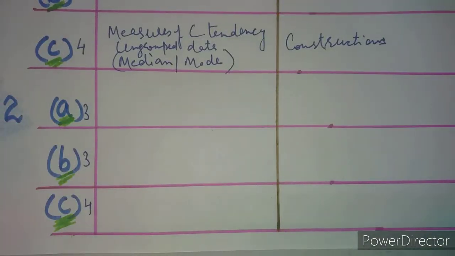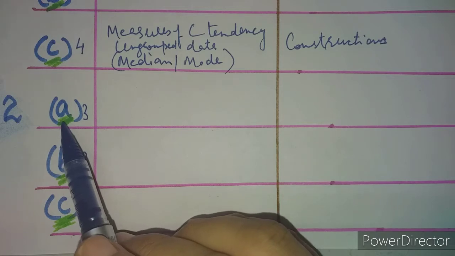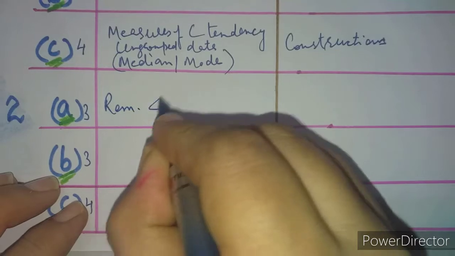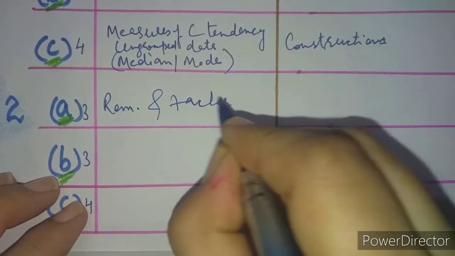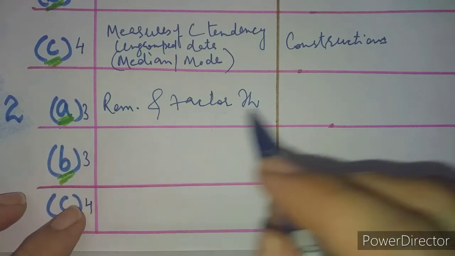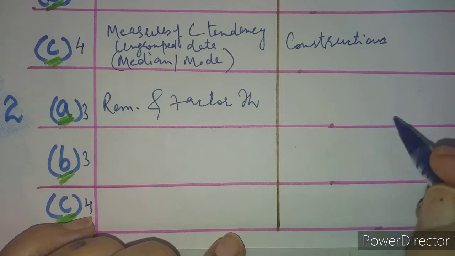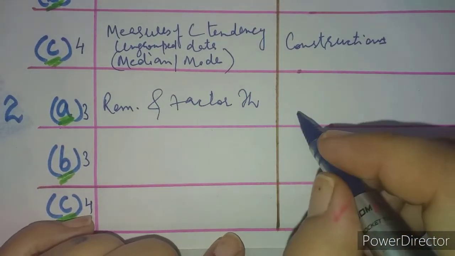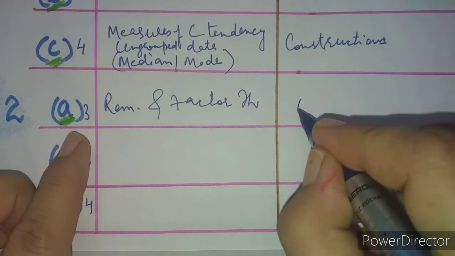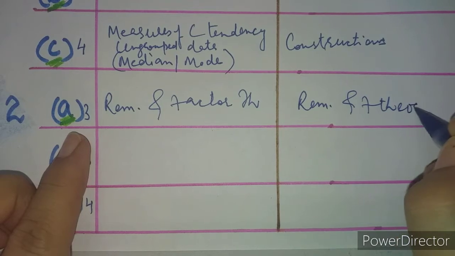Then we come to question number 2 subpart A. In 2019, this question was from the remainder and factor theorem, a simple question. Then in 2020, just see the coincidence, question 2 part A was again from remainder and factor theorem.